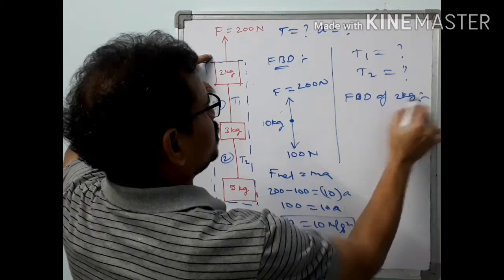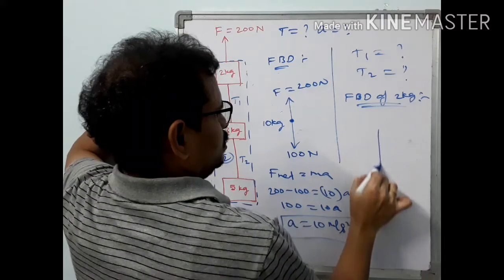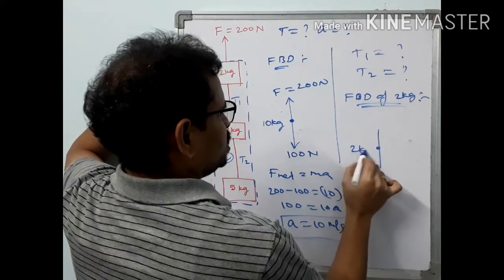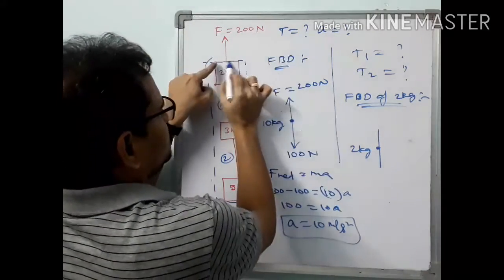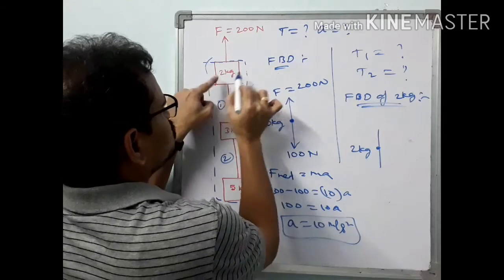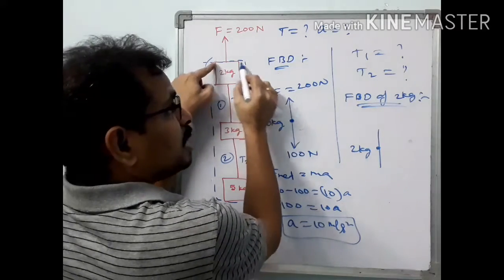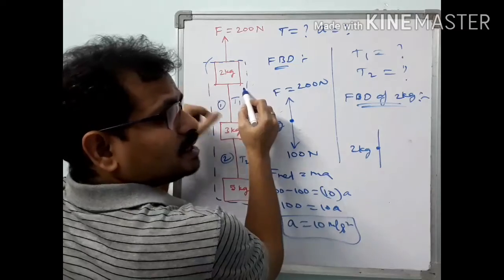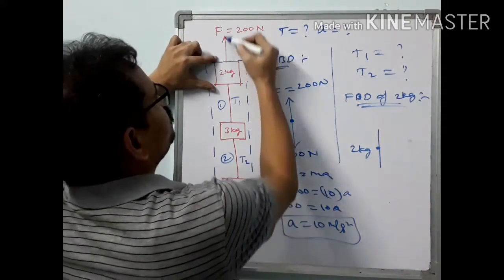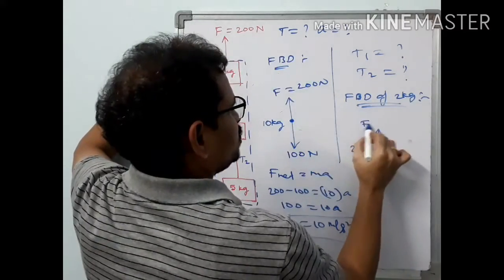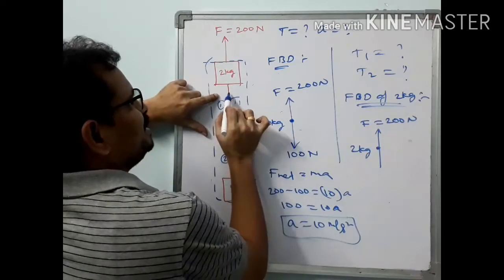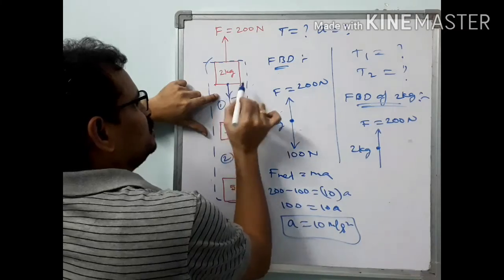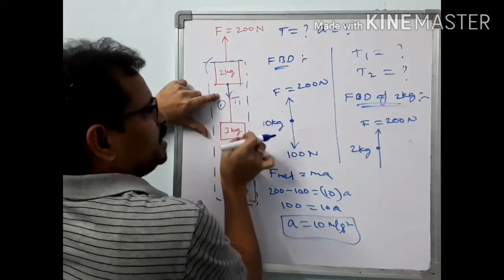Make the 2 kg block a point mass here. On this 2 kg, what are the external forces now? Now this is the system chosen, so all the forces due to other bodies are external forces. F equal to 200 newtons is an external force, and T1 acts in this direction: this rope pulls this block in the downward direction.